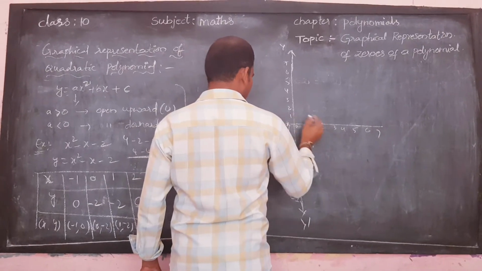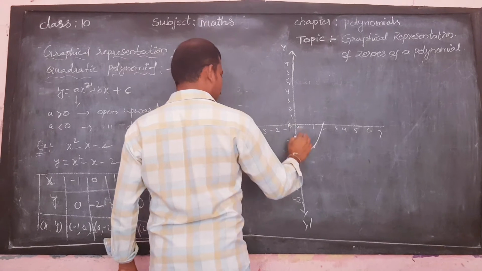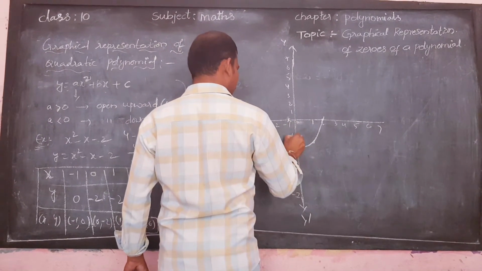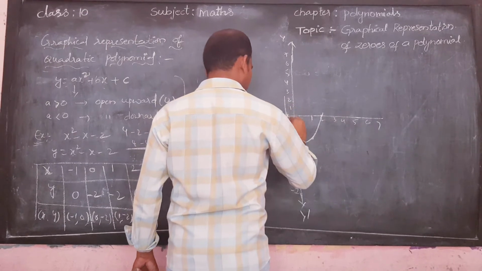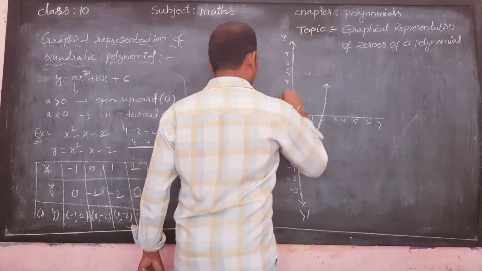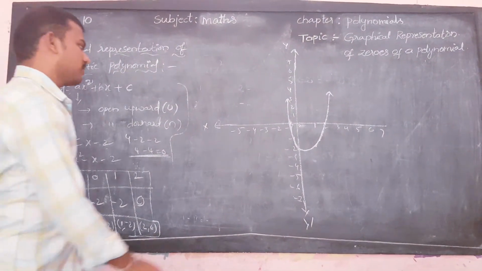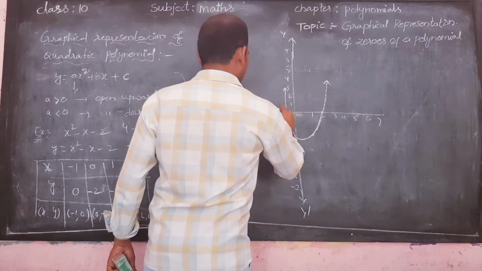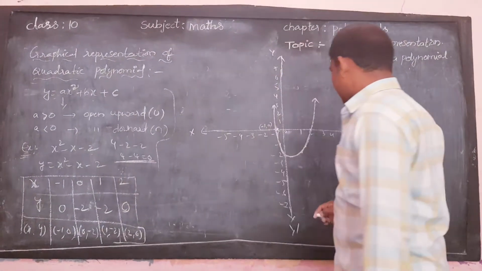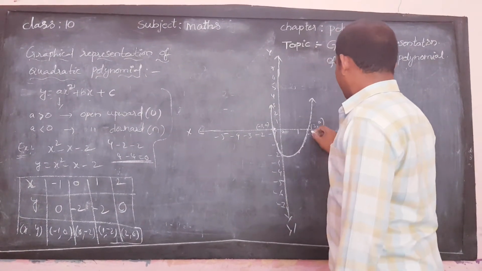So this is the parabola, an upward opening parabola. Here at minus 1 comma 0 the parabola touches the x axis, and here at 2 comma 0.